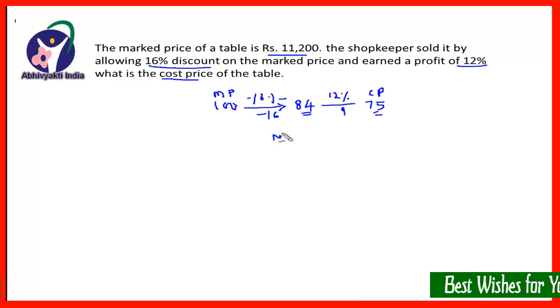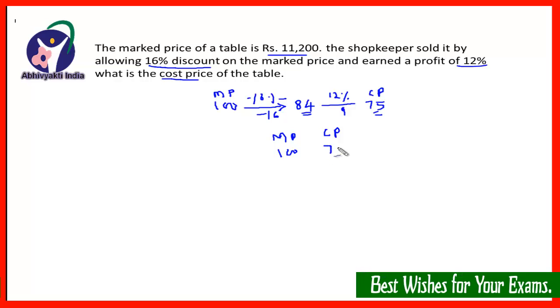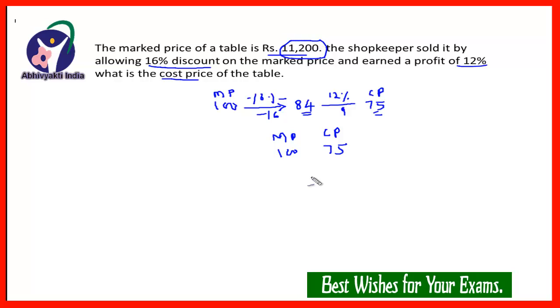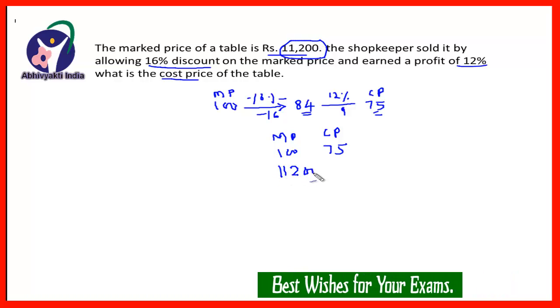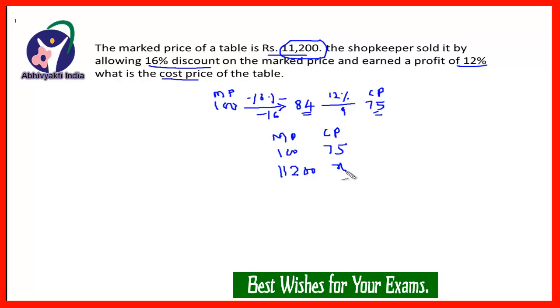Now when the marked price is rupees 100, the cost price is what? It is 75. But the marked price is 11,200. So when the marked price is 11,200, what will be the cost price?